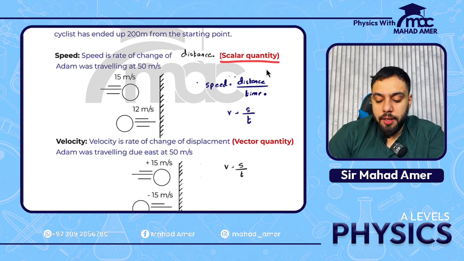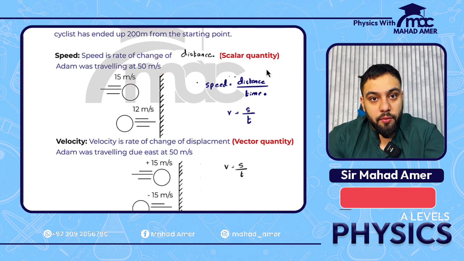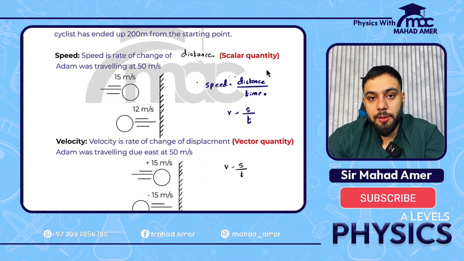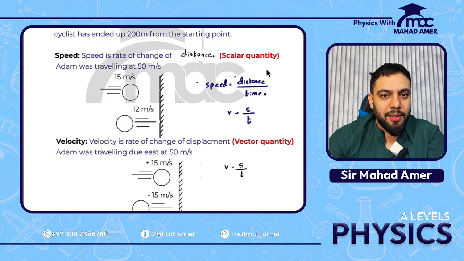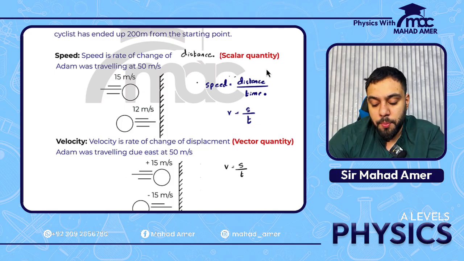Speed is a scalar quantity. If someone is traveling at 50 meters per second, there's no direction involved. Whether he's moving to the right, to the left, up, down, it doesn't make any difference. You do not have direction involved when it comes to speed, since it's a scalar quantity.